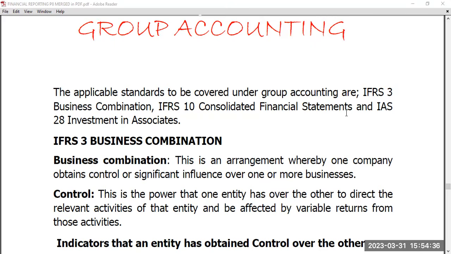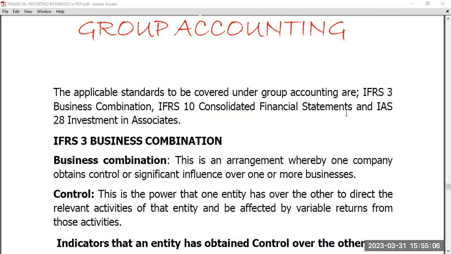So having seen the overview of what we are going to be covering, we said we are going to look at the steps. What steps are we following whenever we are doing any number on group accounting? Whenever we are talking about group accounting, we are mainly concerned about the group. So if something doesn't contribute to the group, then it's not going to be covered under group accounting.